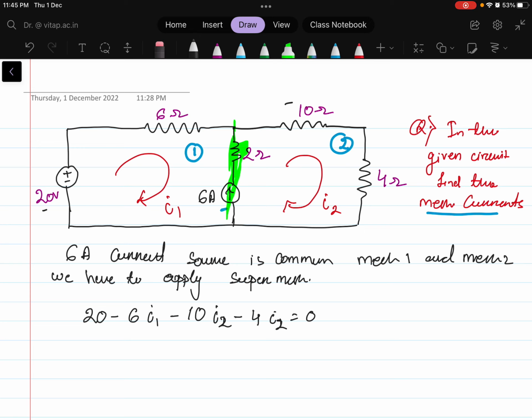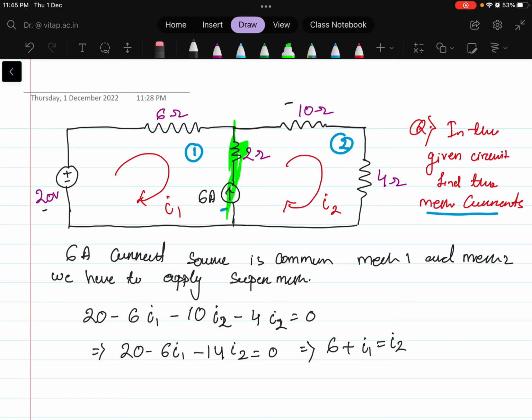Then we can write 20 minus 6 I1 minus 14 I2 is equal to 0.